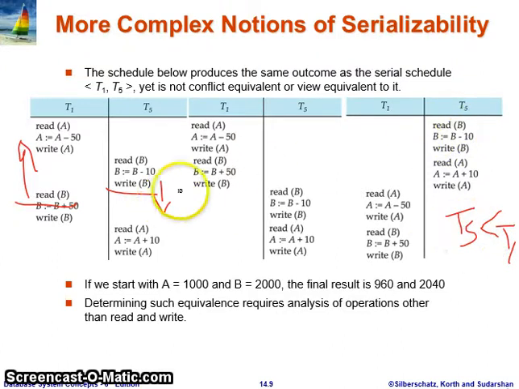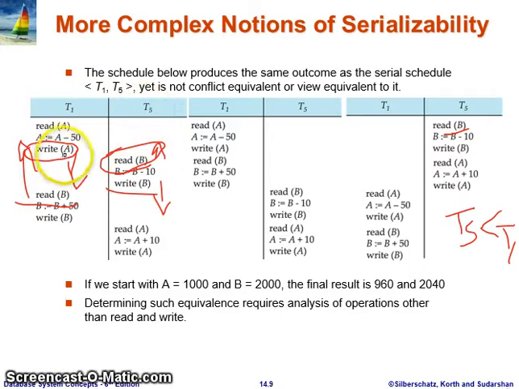For this we have to move this operation up, because this is performed first, and this operation must be moved down, means swapping these two operations, write on A and read on B. First check the conflict of these two operations. Do they belong to different transactions? Yes, belongs to T1 and this belongs to T5.